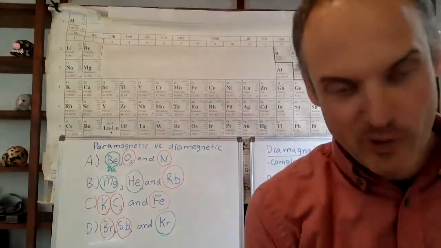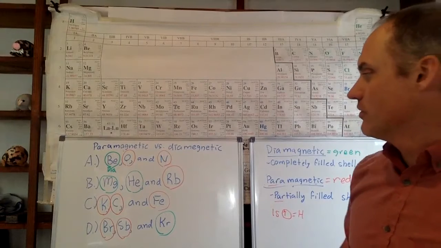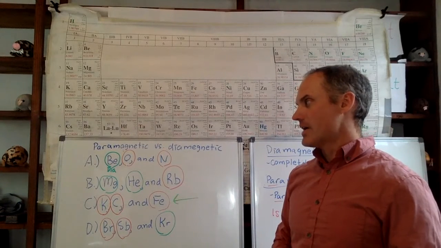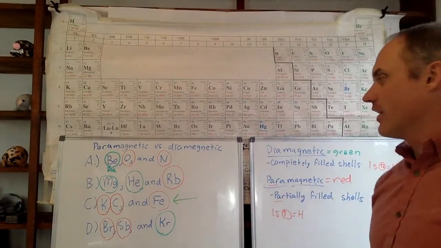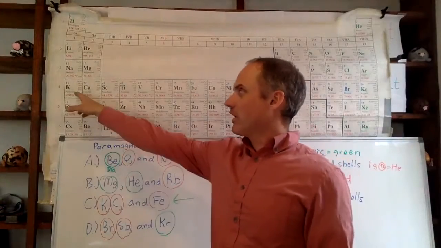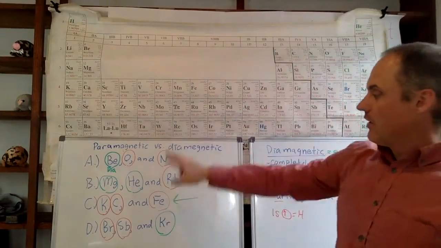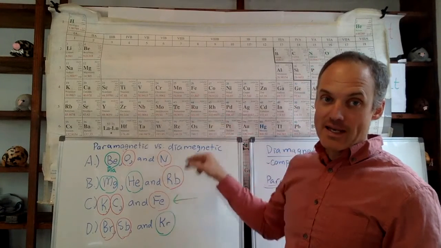So after going through all of those, you can see that it comes down to C. C is the only one that has all partially filled, or paramagnetic, electron configurations, with potassium being an s1, carbon being a p2, and iron being a d6.